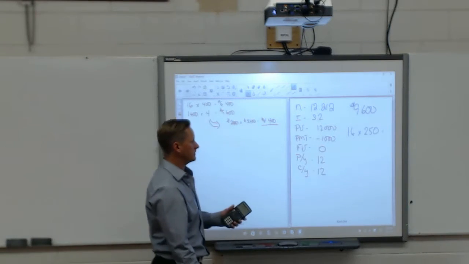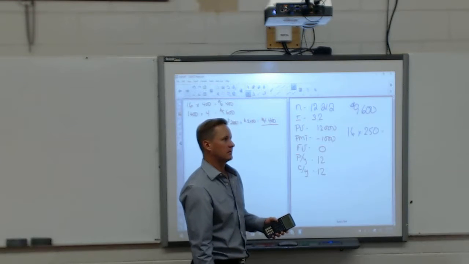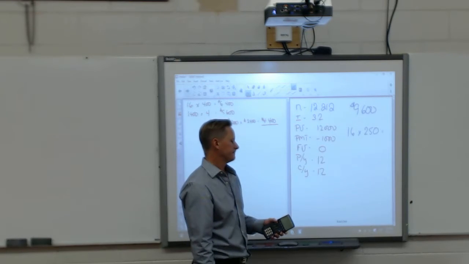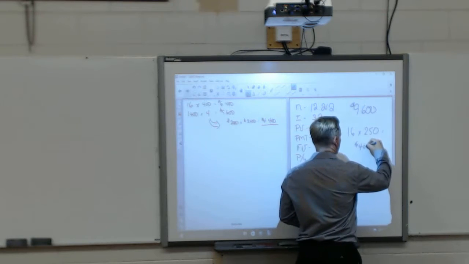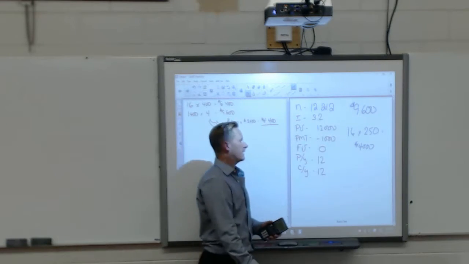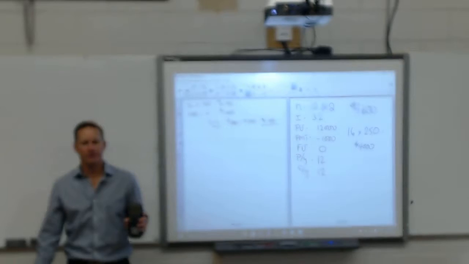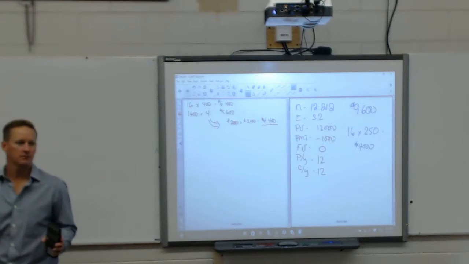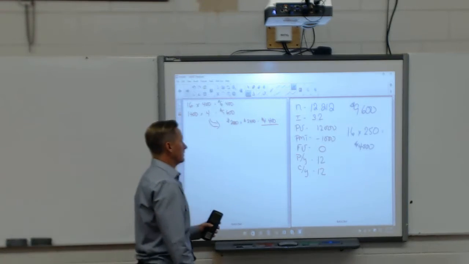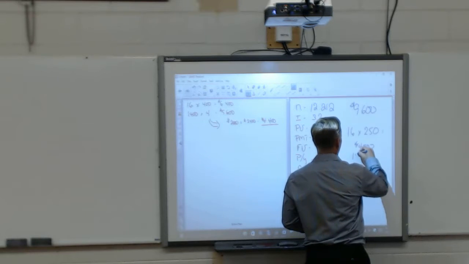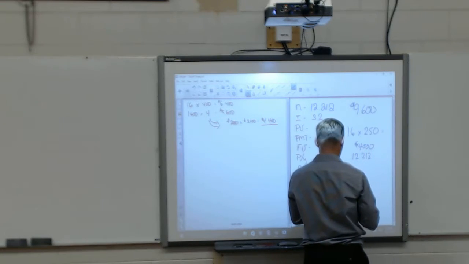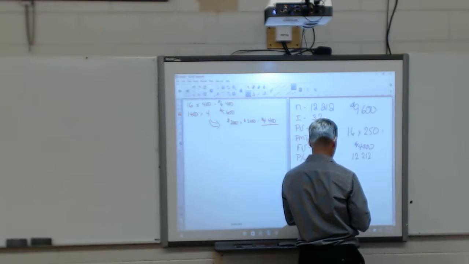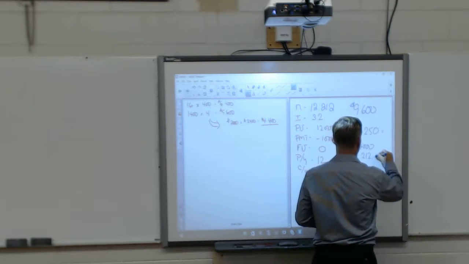Okay, so what does that work out to? $4,000 of incidentals. How much did she pay for the vehicle? $12,212 and 45 cents.